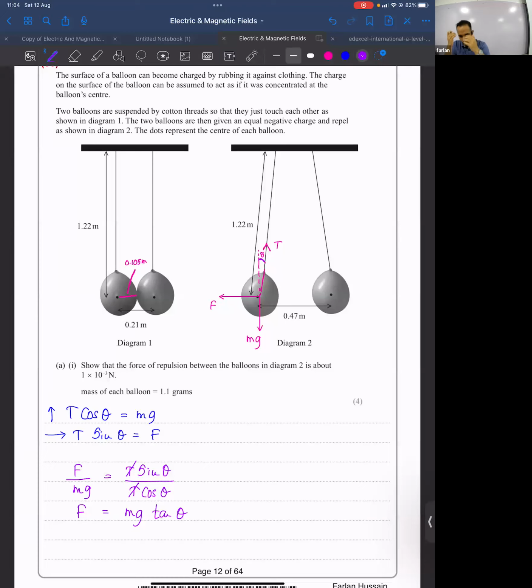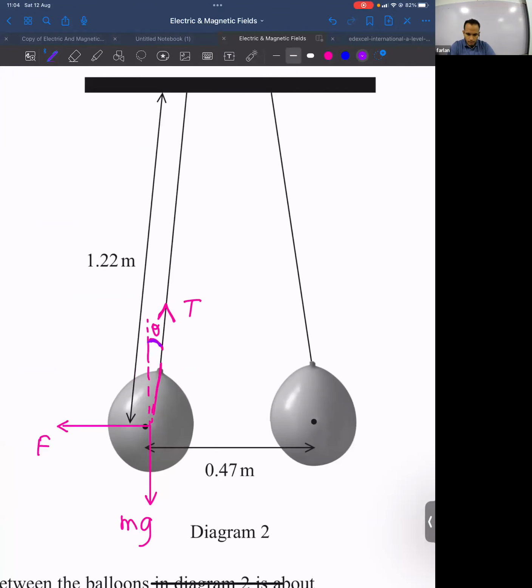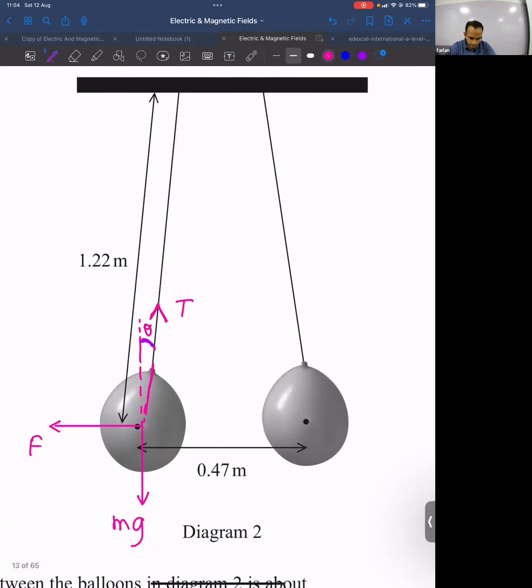Right, fine. Now let's find theta. This will be a little bit of maths, not very hard. You can recall your O-level maths. Let me extend this line.